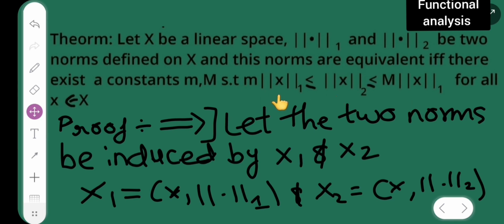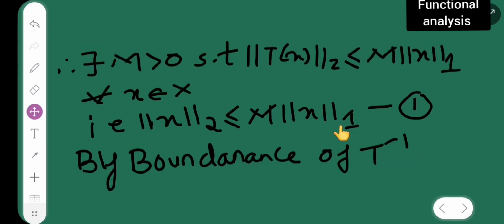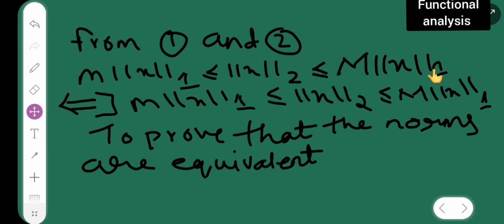Now I have to take these and prove that the norms are equivalent. The other way around, the converse part. Let us do it. Converse is what? Now take whatever you got: m norm of x1 is less than or equal to norm of x2 is less than or equal to m norm of x1.